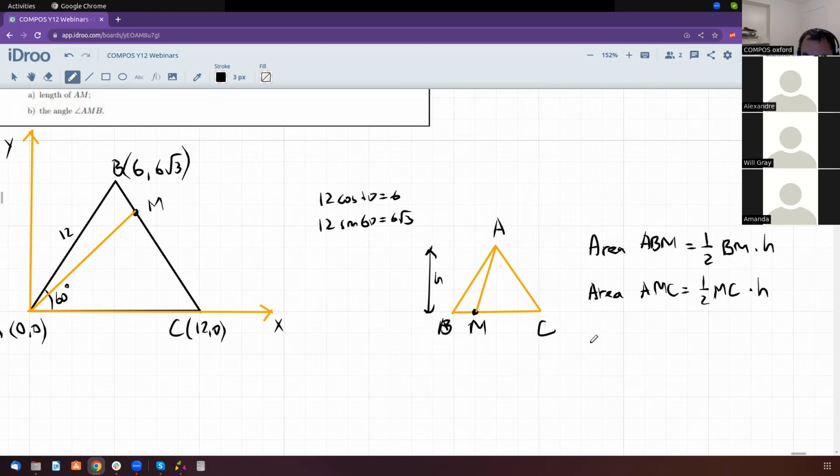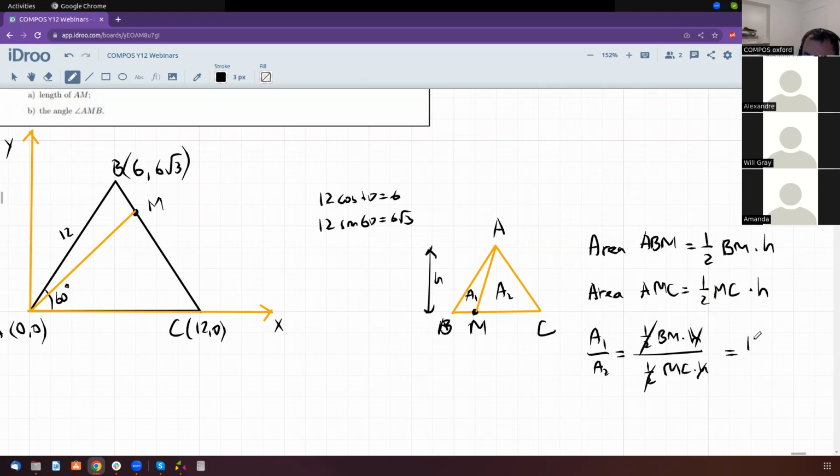So the ratio of the areas A1 to A2 is 1/2 BM times H over 1/2 MC times H. 1/2 cancels, H cancels.